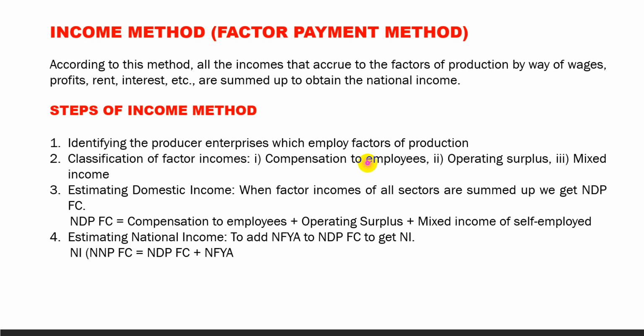Compensation of employees consists of three elements. Number one, wages and salaries in cash. Number two, wages and salaries in kind, and number three, employers' contribution to social security schemes.